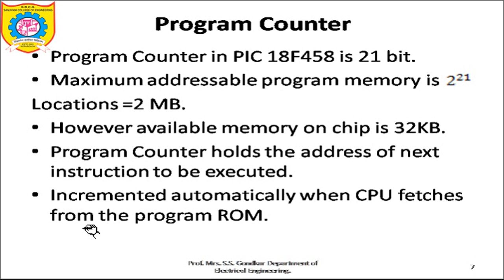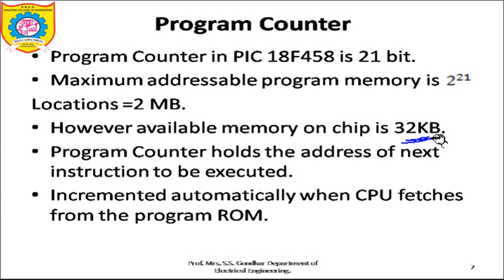The program counter in the PIC 18F458 family is a 21-bit register. So the maximum addressable program memory is 2 raised to 21, which is equal to 2 MB. It means each location stores 1 byte. However, the 18F family has only 32 KB of on-chip program memory.